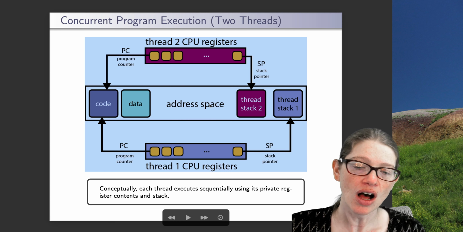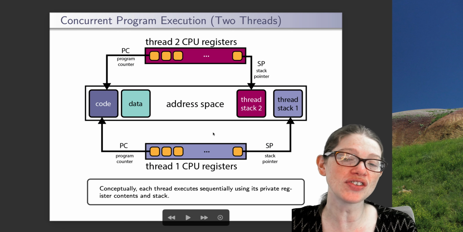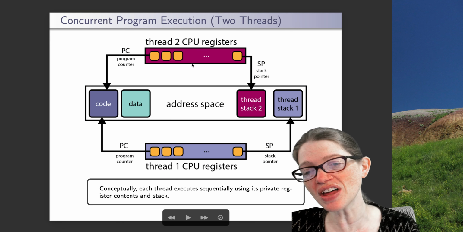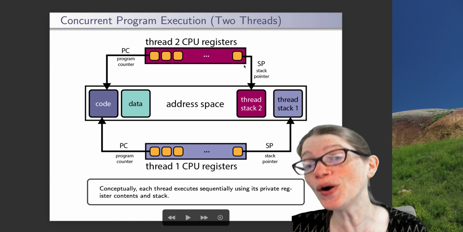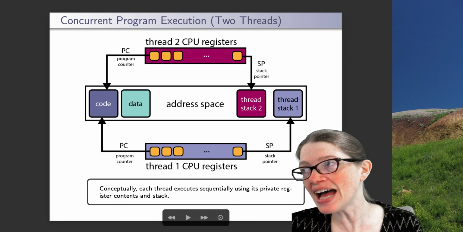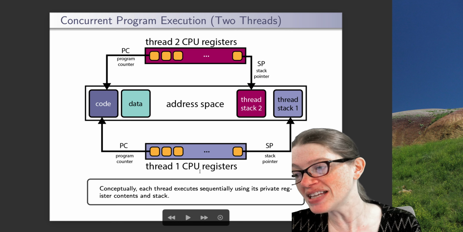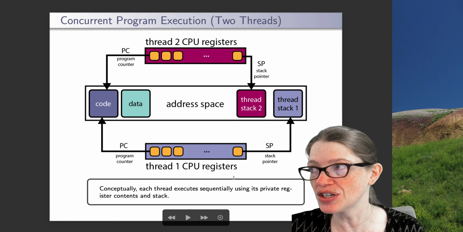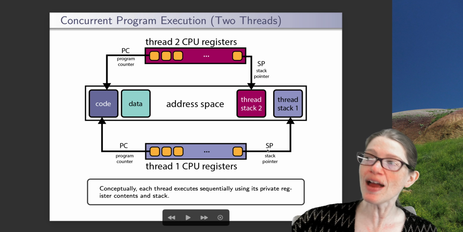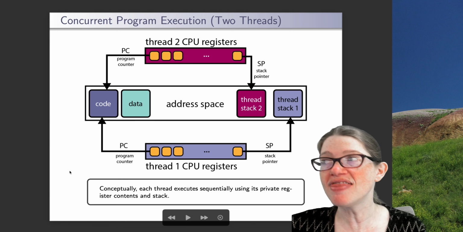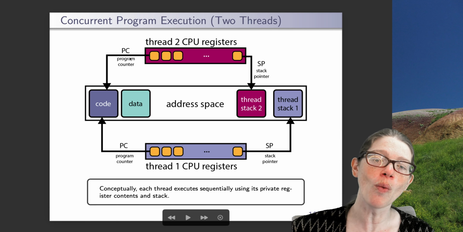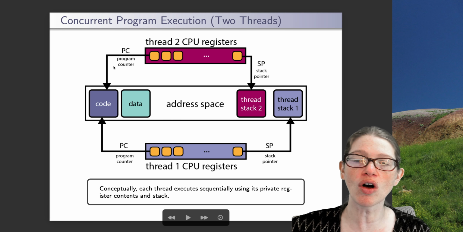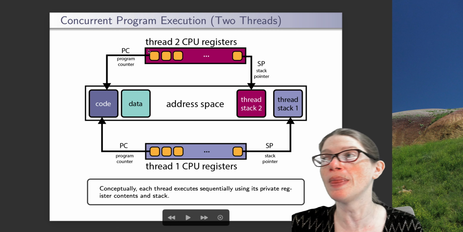All right, now in this picture also, so each thread has its own stack. We've also kind of made you believe that the CPU has a set of registers for each of the threads, and that's absolutely not the case. A CPU only has one set of registers, but the idea is whichever thread is running, their values will be stored in the registers, and then the threads that are waiting to run, their copies of register values will be stored on their stack.